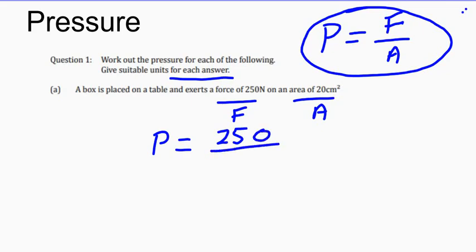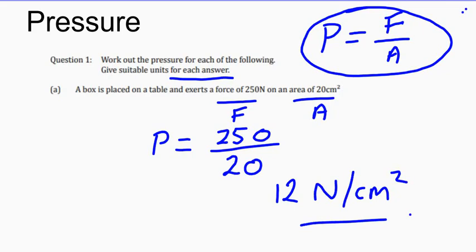Don't worry about what the N is really. We're going to divide it by the area, so 250 divided by 20. That gives you 12.5. Now this next bit's important. It's newtons per centimetre squared.